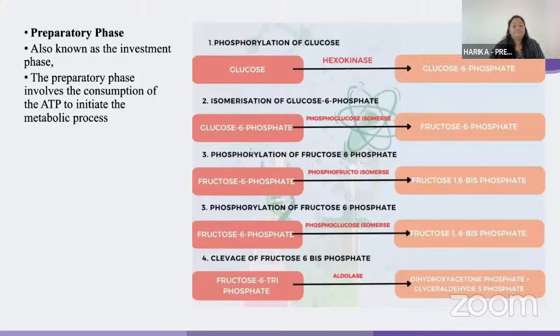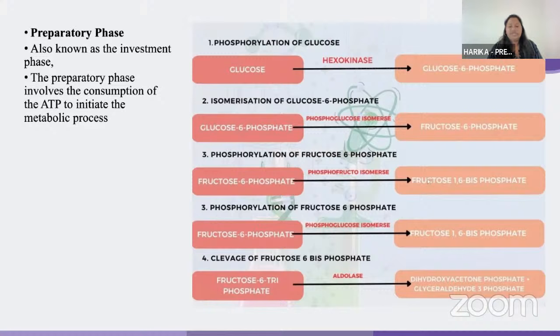Here, you can see, as I have told you, glucose in presence of hexokinase converting to glucose 6-phosphate, and then an isomerization reaction, glucose 6-phosphate to fructose 6-phosphate.